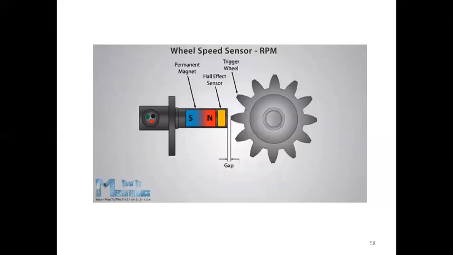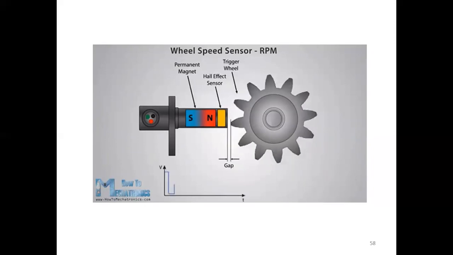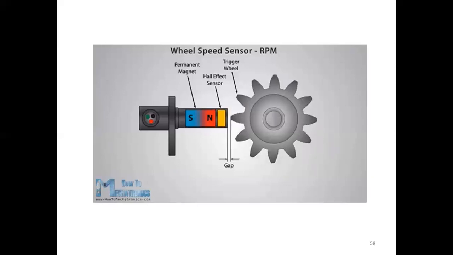This is the concept of the Hall effect. In this concept also, while rotating, when the gear teeth pass, the signal will be produced, and when there is a gap on the crankshaft.